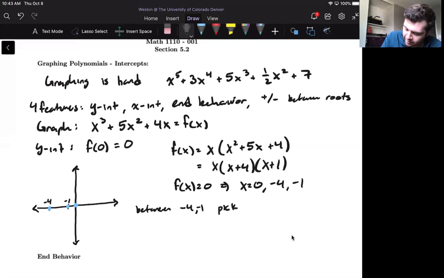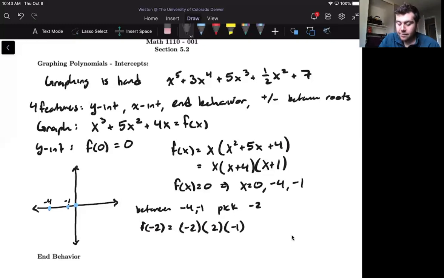Let's pick -2. And then f of -2, and at this point, it's usually easier to work with the fully factored form, is -2 times 2 times -1. And we actually only care if it's positive or negative, and that's positive.